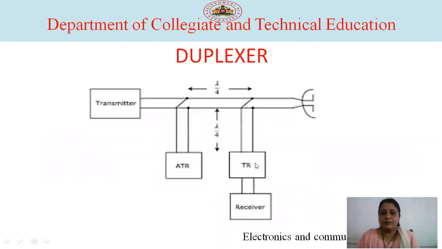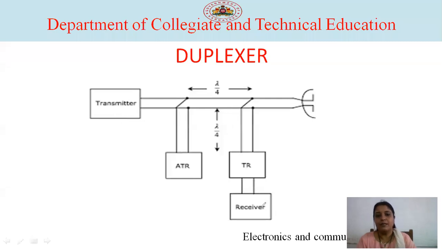Now, one type of duplexer is the branch type duplexer. This diagram is for the branch type duplexer. How does it work? Here, this is the transmitter block and this is the receiver block.